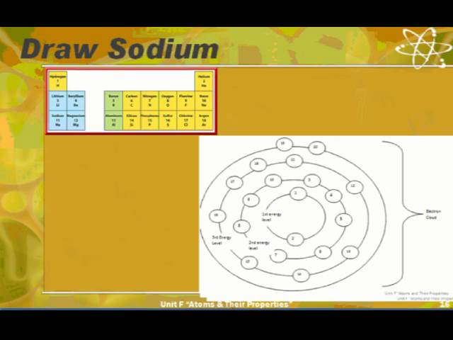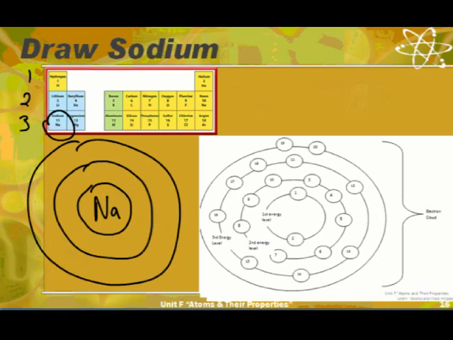Let's do one last one. Let's do sodium. Sodium is in the third row, which tells us that it has 3 energy levels. We also know that sodium has only 1 electron in its third level because it's in the first group of the elements. We know that the first level can hold 2, and that the second level can hold 8.